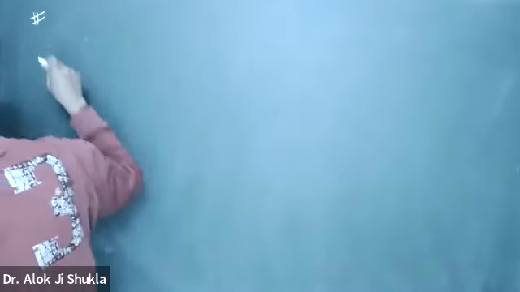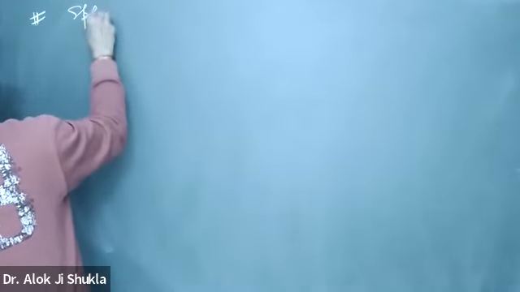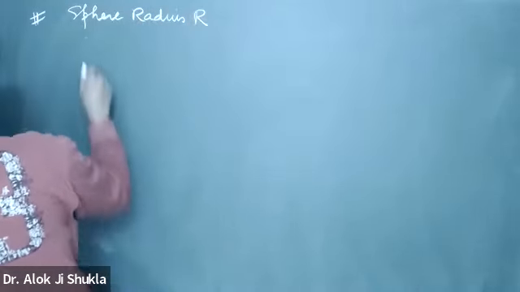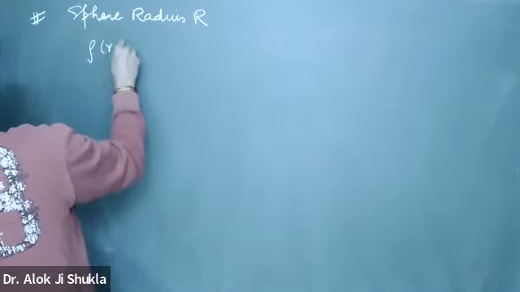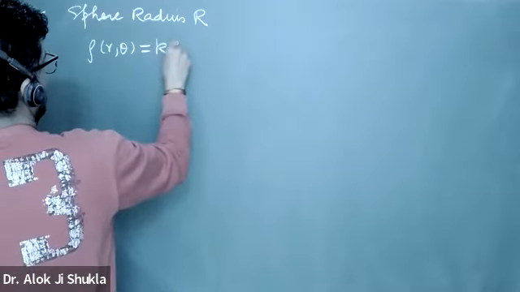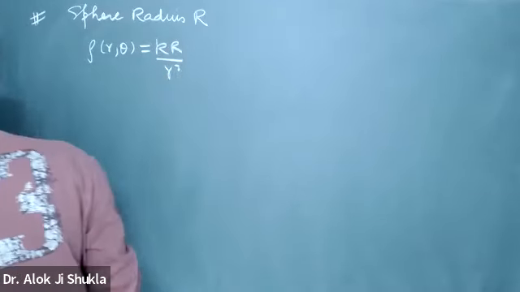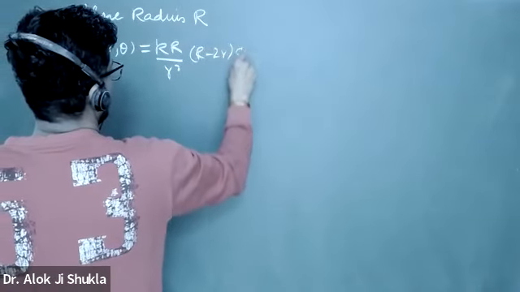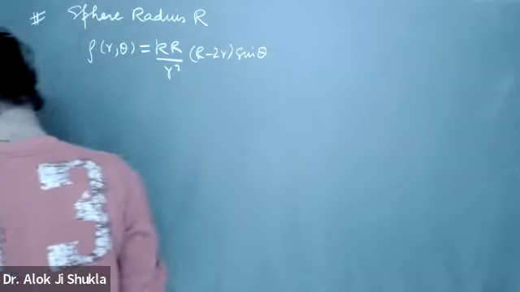अब एक और मैं क्वेश्चन देता हूं. स्फेयर है, radius is capital R and rho r theta is kr by r square, r minus 2r and sine theta.